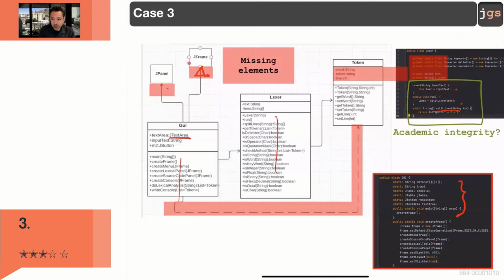Here, source code for this class and the class itself. What is happening there? Did you notice all the statics here?